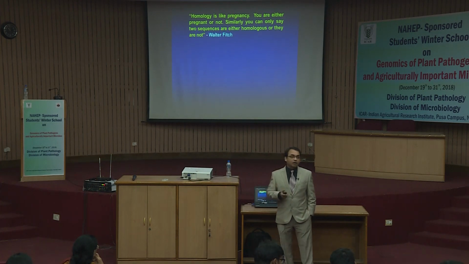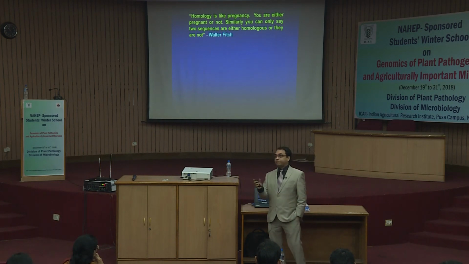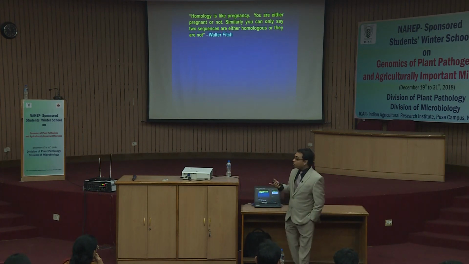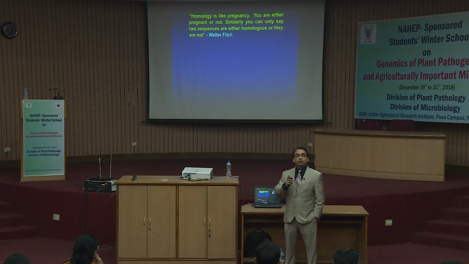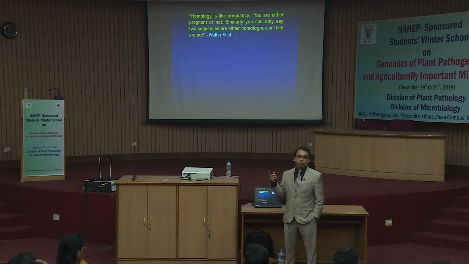We can tell whether 2 sequences are homologous or not. We cannot tell 25% homologous. If we say 25% homologous, that is the same as 25% pregnant. Okay. So, these are the terms we should use clearly. If we are talking about homology, we will say these 2 sequences are homologous or non-homologous. You should never say 70% homologous. At least this batch of people, when they give any seminar or thesis seminar, should not say 70% homologous. Okay.